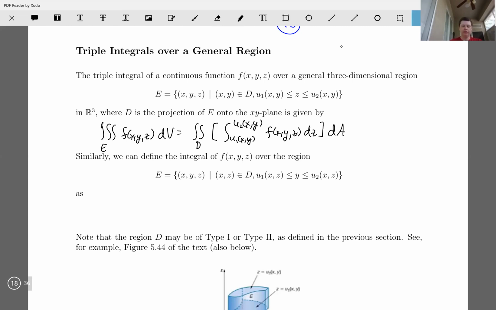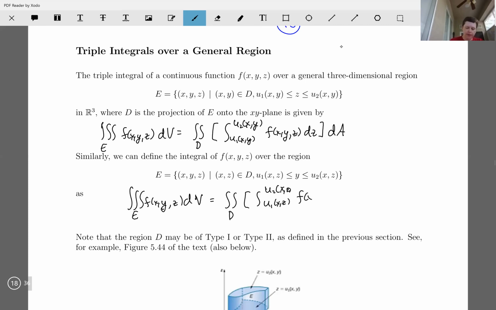Similarly, if y is between two functions of x and z, and (x, z) is in D, and D this time is going to be the projection of our region onto the xz plane, then similarly our triple integral is going to be equal to the double integral over D, this time integrating from u sub 1 to u sub 2 with respect to y in that inner integral, dA.